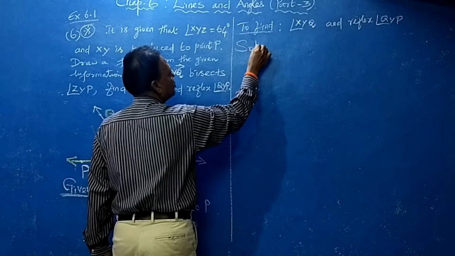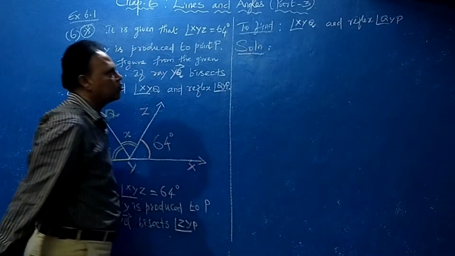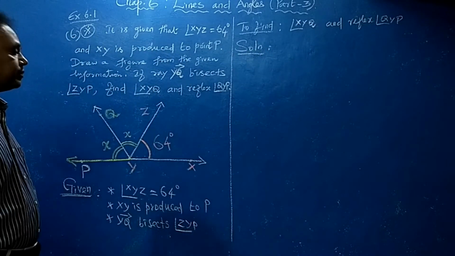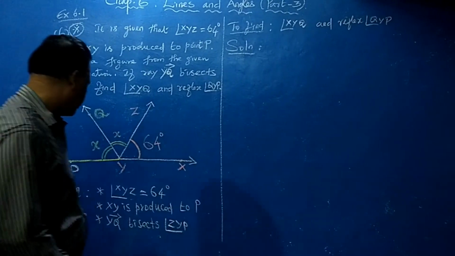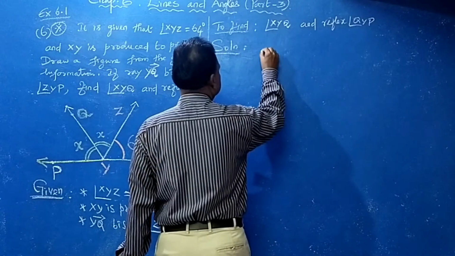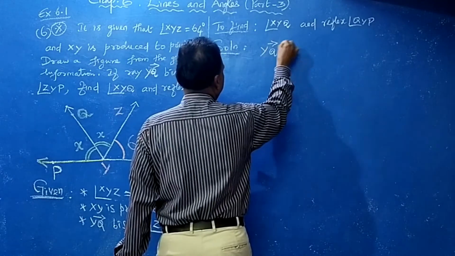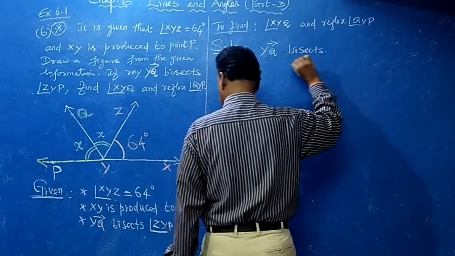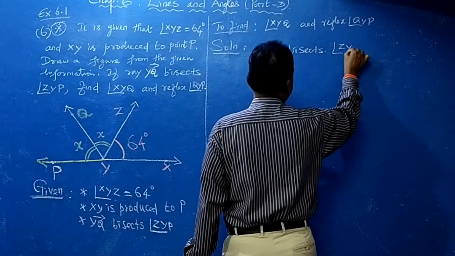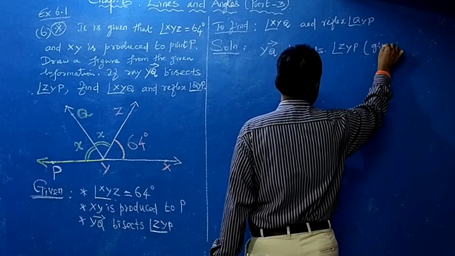So, for the solution, you have to write Solution. First, the ray YQ bisects angle ZYP, you write that in brackets as given.